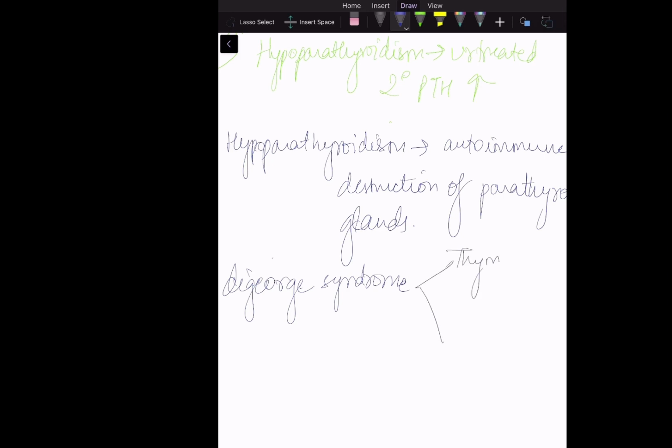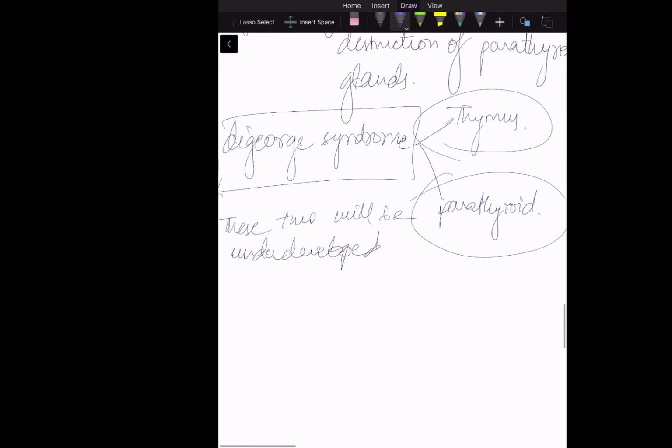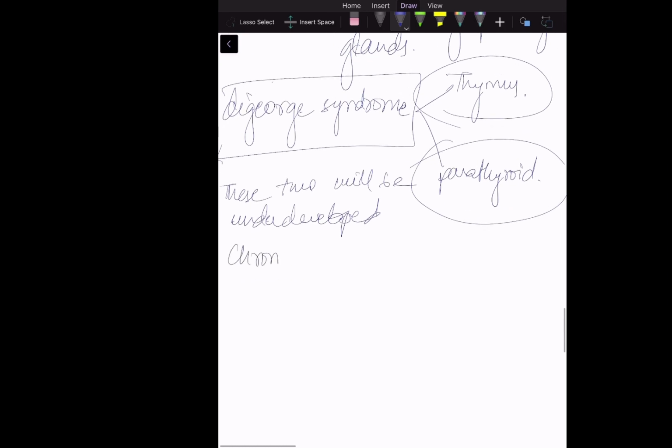Basically, the thymus and parathyroid are underdeveloped.